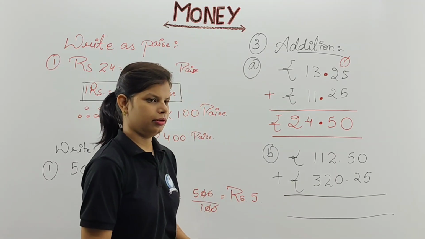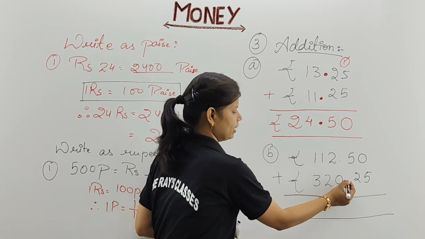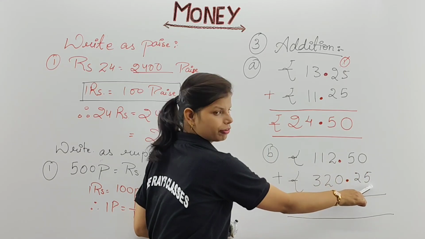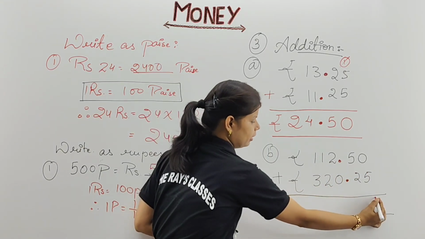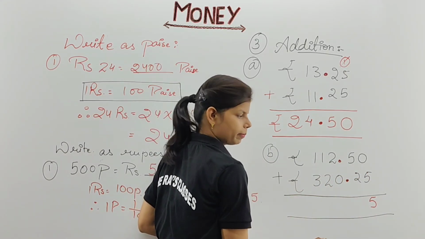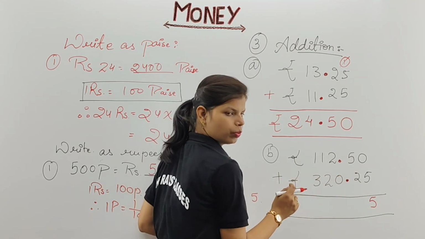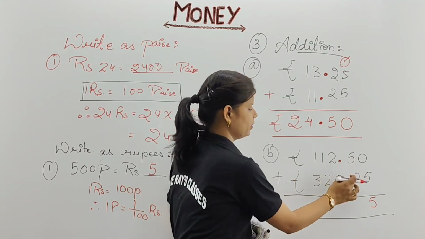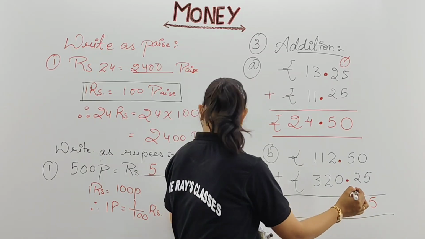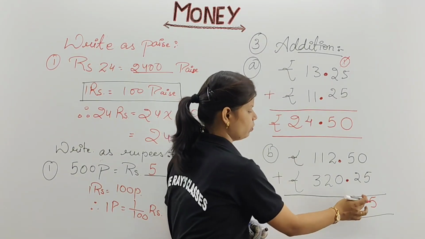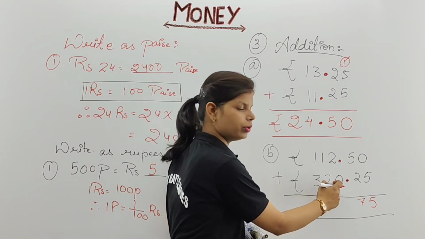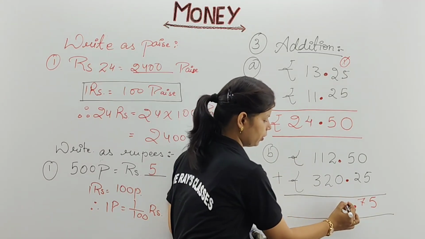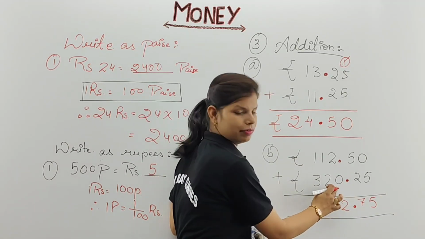What will you get when you add these numbers? Now please see, 0 is added with 5. 0 plus 5 you will get 5. 5 plus 2, what will you get? Yeah, 7. Next, 2 plus 0, we are having 2.